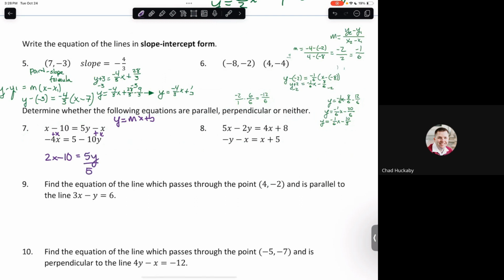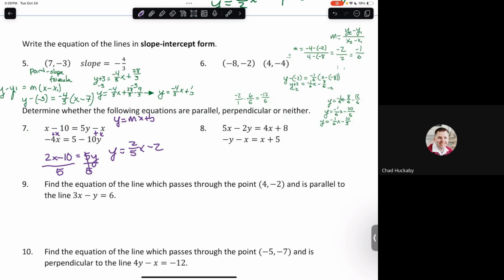I can divide both sides by 5, and those 5's cancel. So y is equal to 2 over 5 x minus 10 over 5. 10 over 5 is minus 2. So that's our first equation.